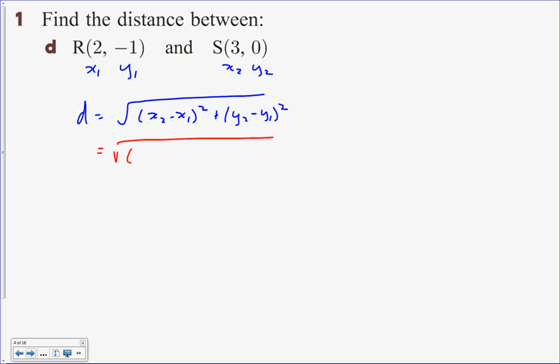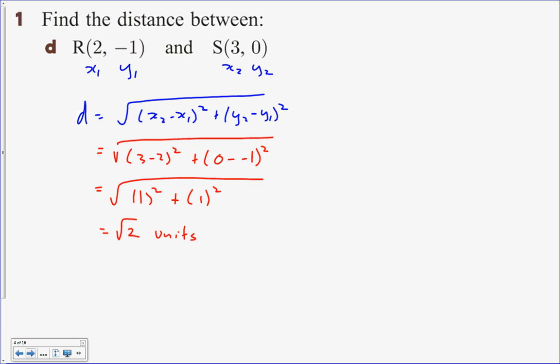So it's going to be 3 take 2 all squared plus 0 take negative 1 all squared. So 3 take 2 gives me 1 squared plus 0, take away negative 1, so it's going to be positive 1 squared. So 1 squared plus 1 squared is going to give me square root 2 units.